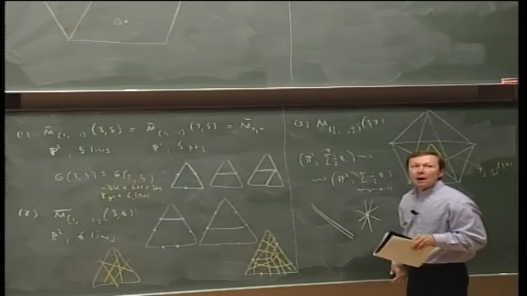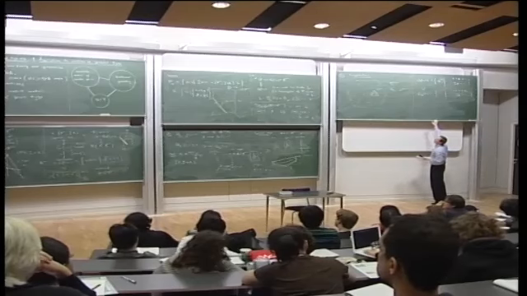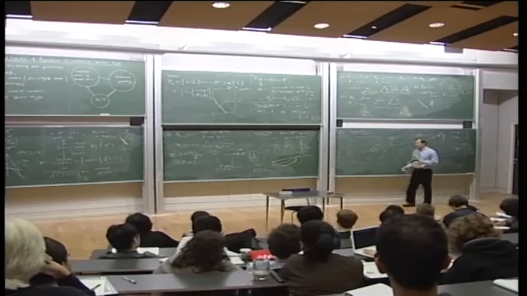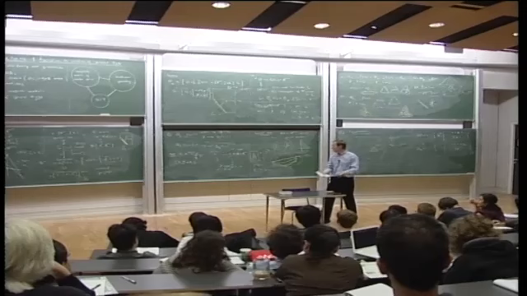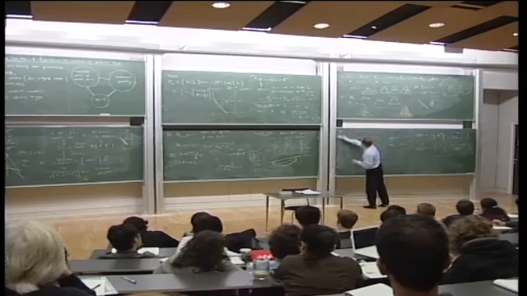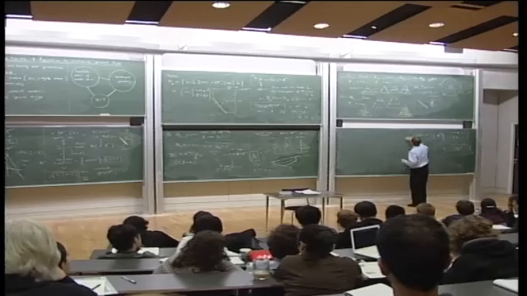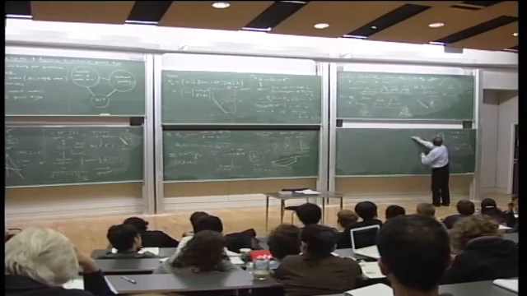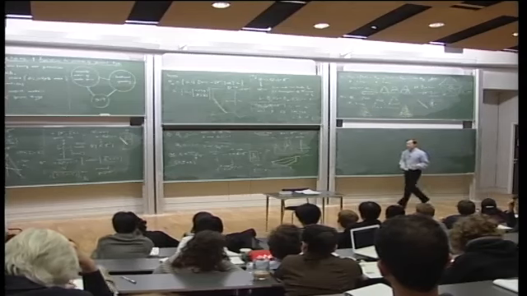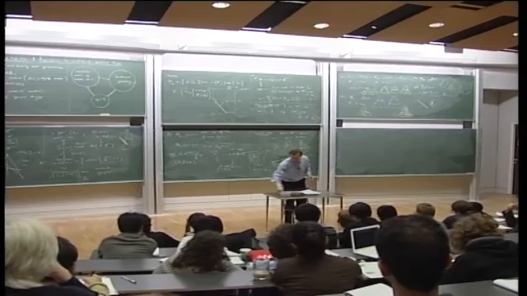Now, I want to move on to the last topic, and that's applications to surfaces of general type, to complete moduli of surfaces of general type. So let's begin somewhere.